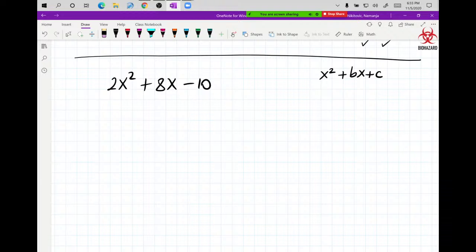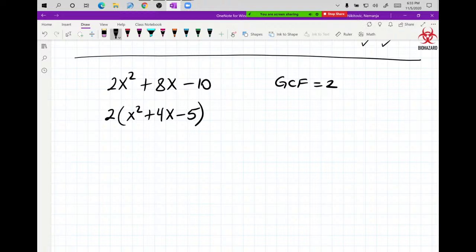So now that I said that, we have to use the GCF first, meaning we are going to see that GCF is 2, which is what we learned last class. Kick that out, have x squared plus 4x minus 5. And now worry about, well, it's just 1 and 5 in this case.